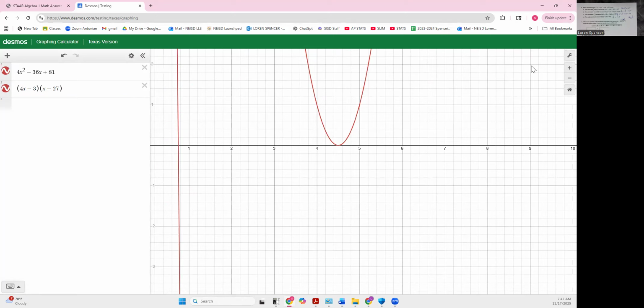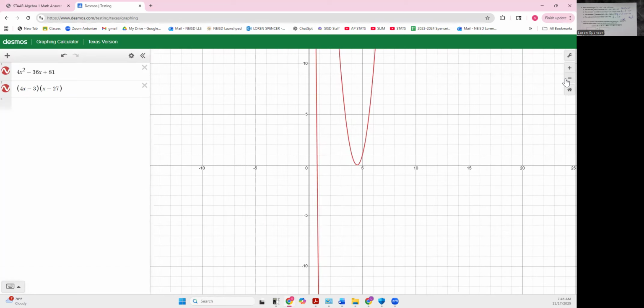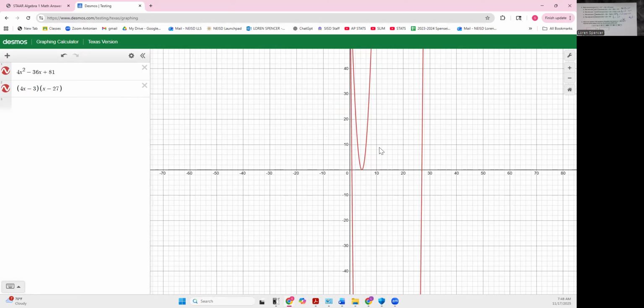And when I look at those graphs, they're definitely not the same equation. So it can't be the second one, because if I did it right, the second equation should lie directly on top of the original. So it's not that one. So we'll try this next one.